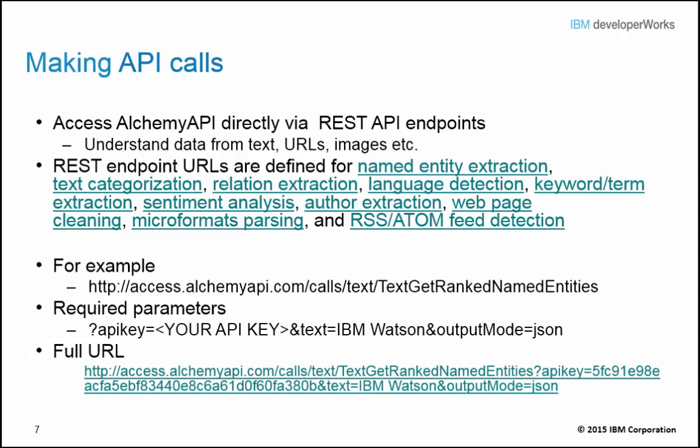You can understand data from text, URLs, and images by invoking REST API endpoints, as we have discussed earlier. REST endpoint URLs are defined for the Alchemy APIs listed here. I would encourage you to invoke the text getRanked named entities API, passing any text in the URL, and observe the results.